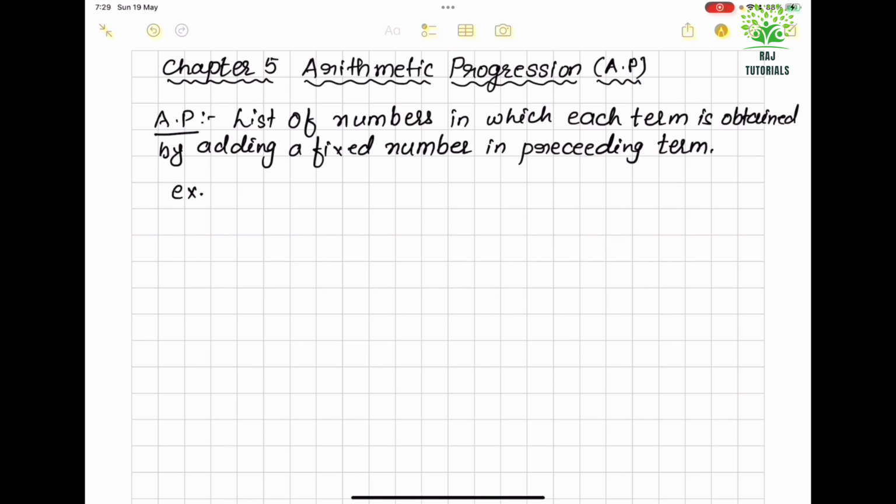Suppose I take 1, 3, 5, 7, 9. Now if you see this chain, the first term we also call it A or A1 sometimes. Generally in the formulas they will write A1, but it is also called A. So the first term of the AP is 1.